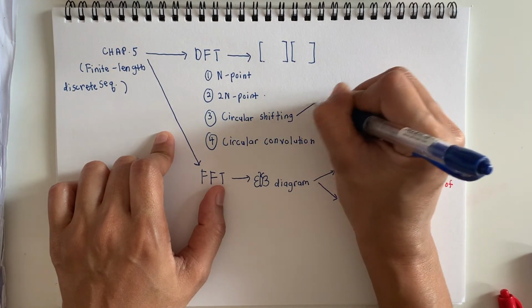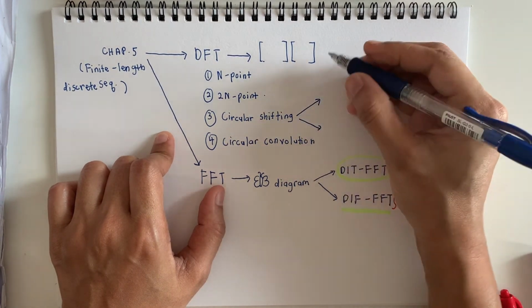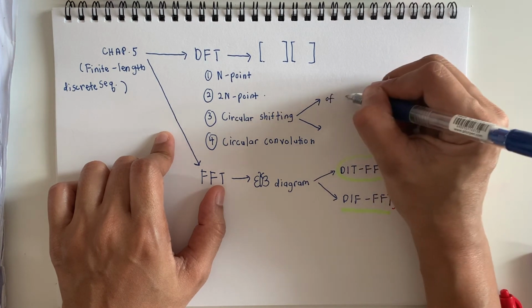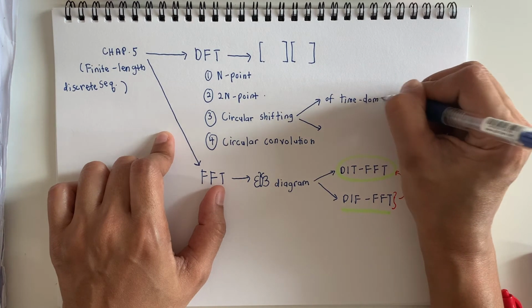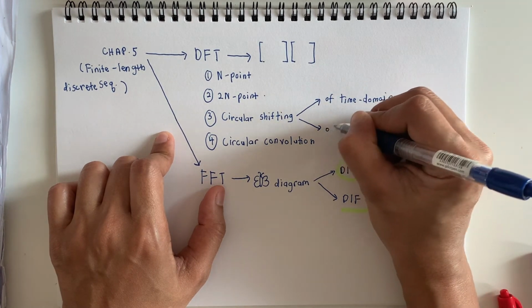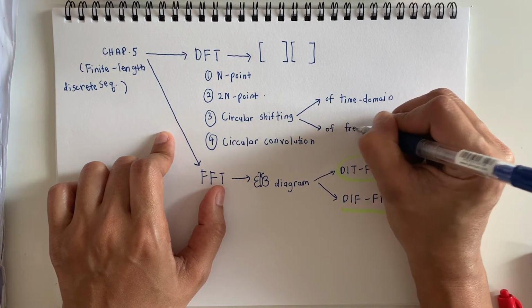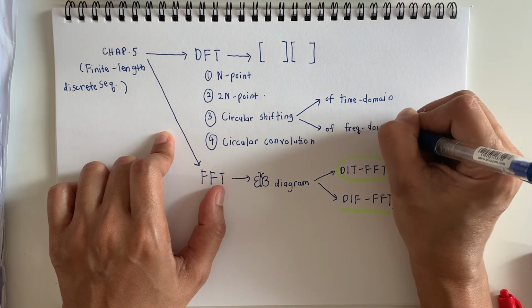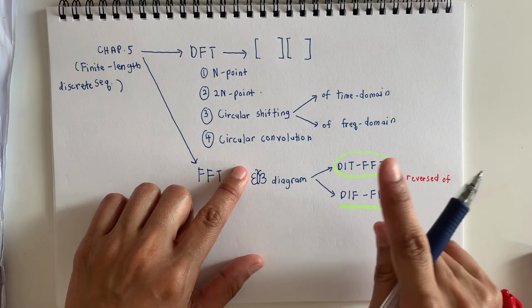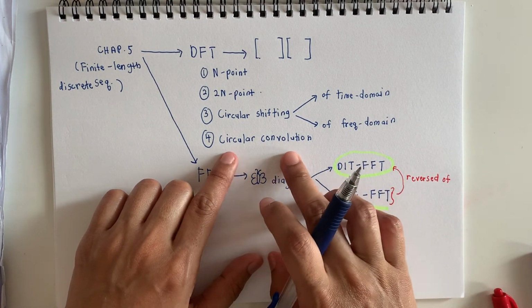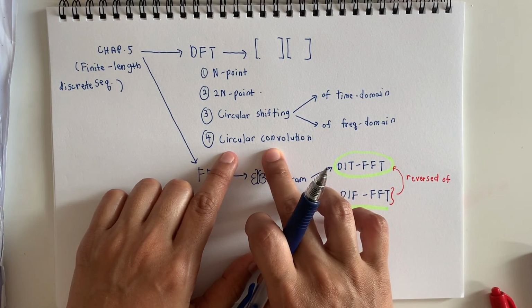Under circular shifting, we have circular shifting of time domain sequence and another one on frequency domain sequence. But for circular convolution, we just have one. So make sure please study this part also.